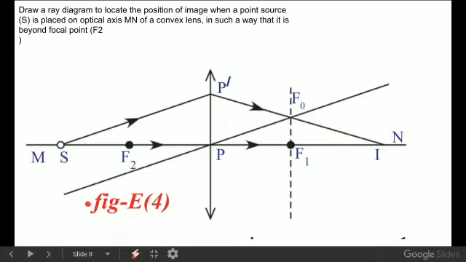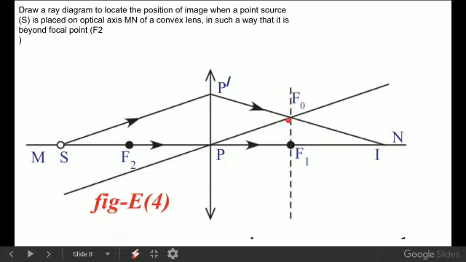Now draw a line that passes through the optic center and is parallel to this incident light ray, and draw a vertical line that passes through the opposite focus point, perpendicular to the principal axis.